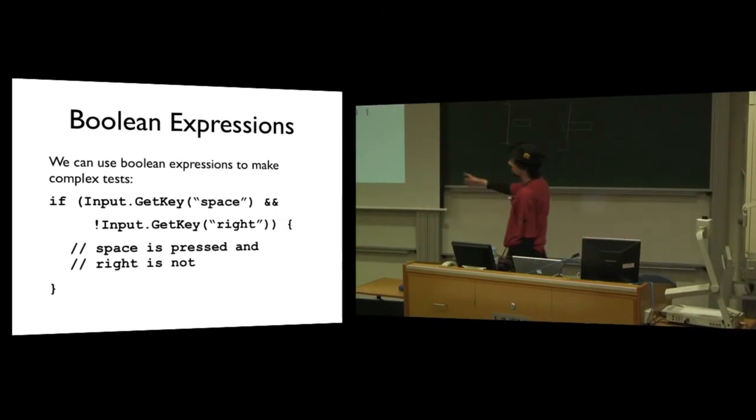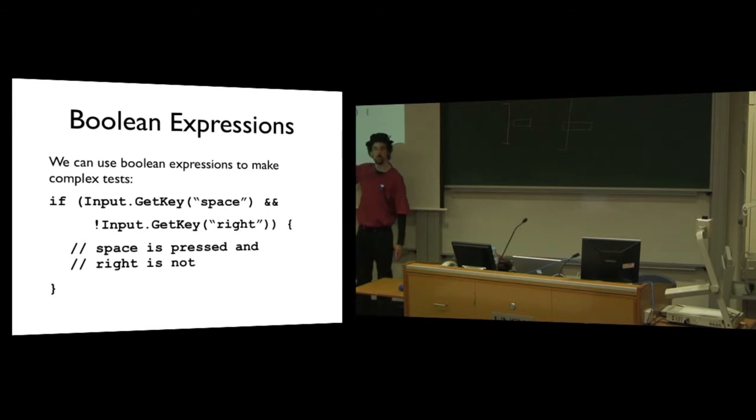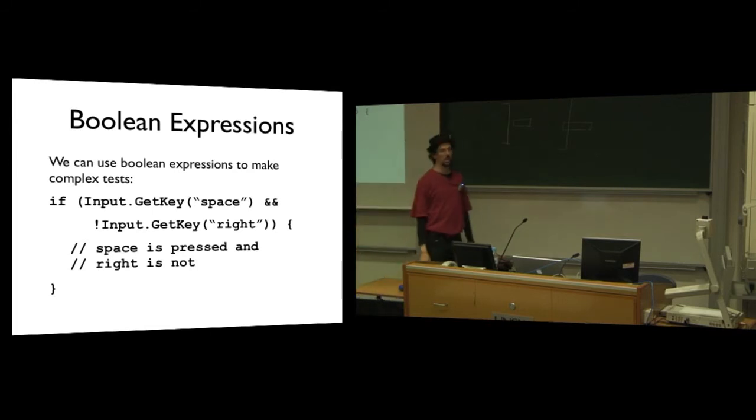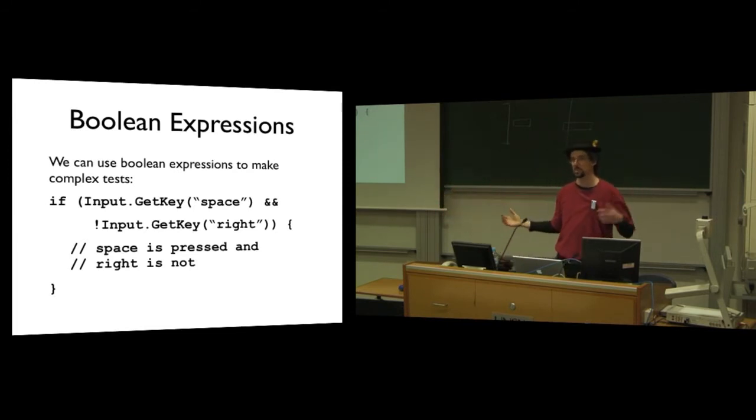So we can combine these into complicated expressions. We can say if we're pressing the space key and we're not pressing the right key, then do whatever we want to do in that situation. And we can chain them together into as long an expression as we want. So we can say if this or that and the other, and not something else, then whatever.